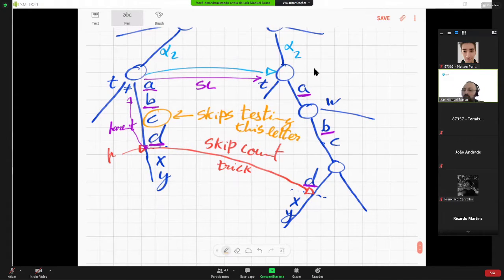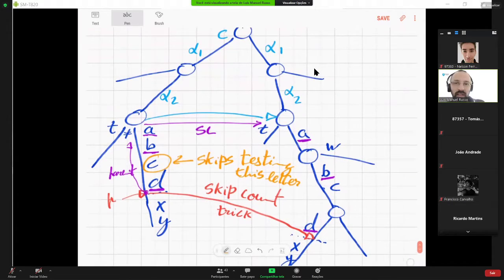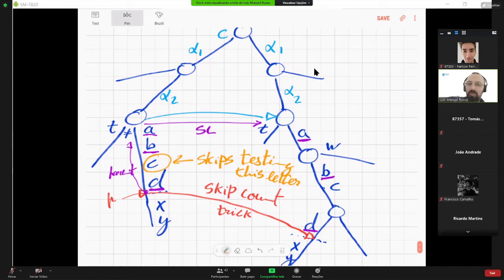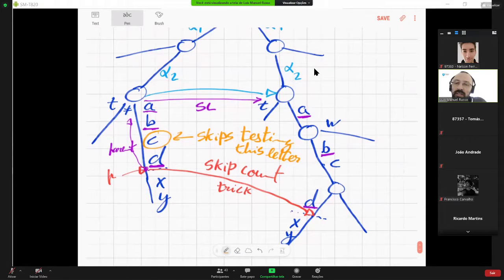The problem is that if you didn't do the skip count trick, this would be almost identical to our naive algorithm. Our naive algorithm started from the root and reread all the letters. Here, that's not what we are saying.